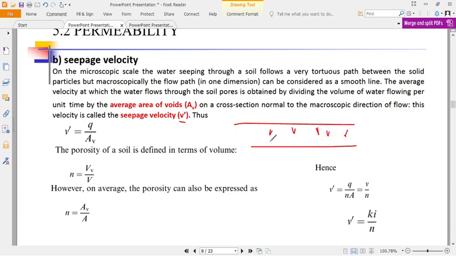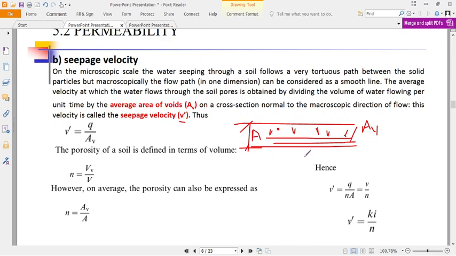Let us assume this line here is a line of interconnected pores, or voids, and the voids have the cross-section area Av. And this is the soil, with total cross-section area A.